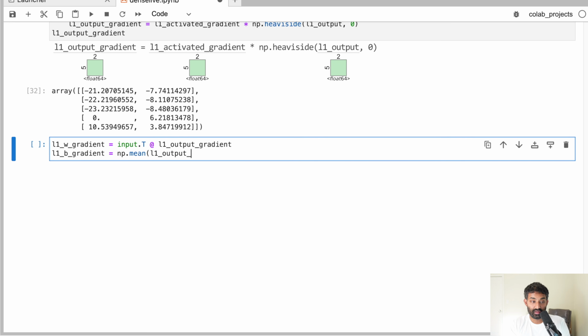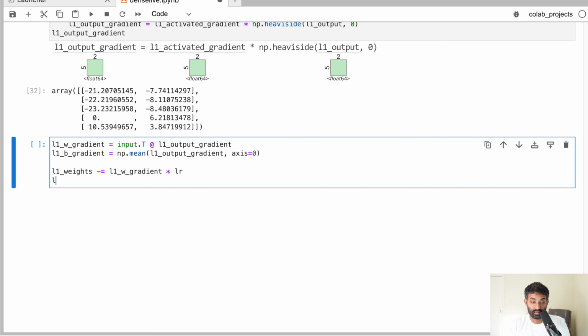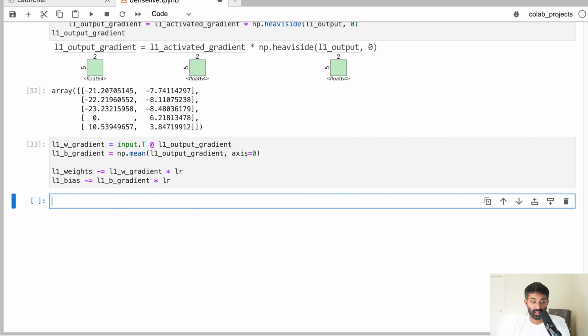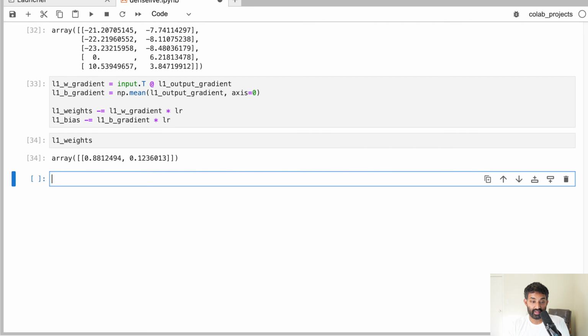We take the layer 1 output gradient and we take the mean. And then we can go ahead and update our weights and biases. L1B gradient times the learning rate. So those are our updates. And we can take a look at our layer 1 weights and our layer 1 bias.